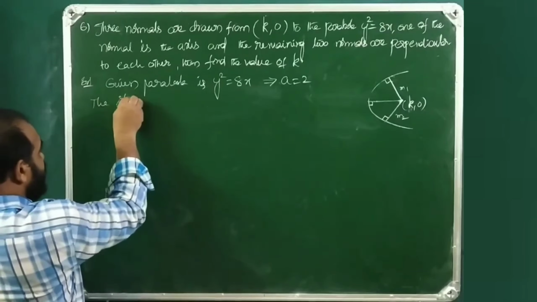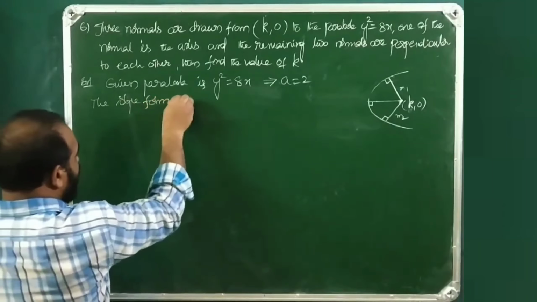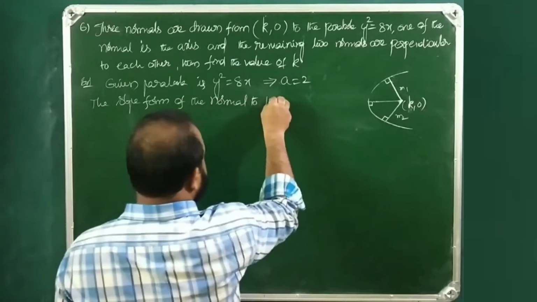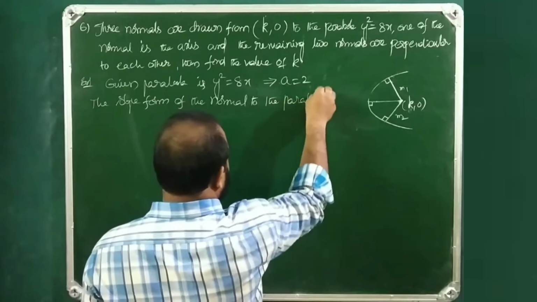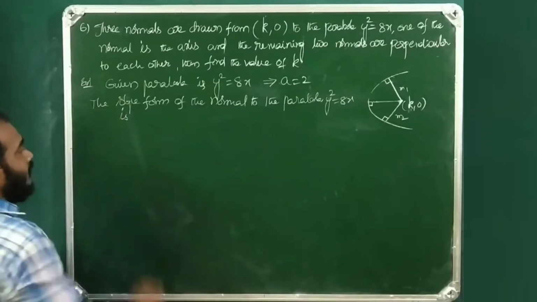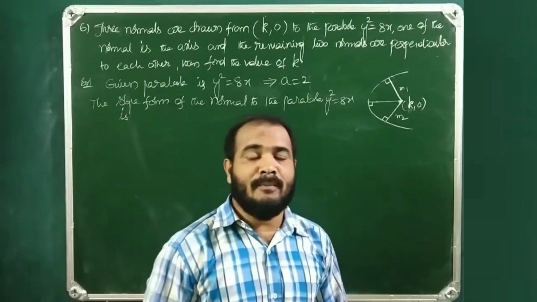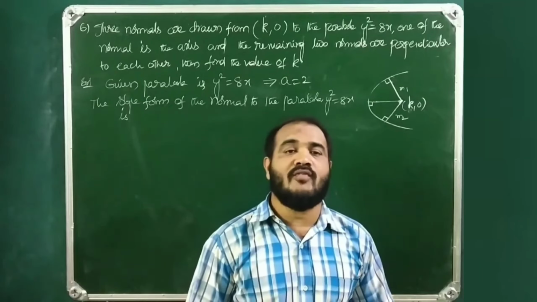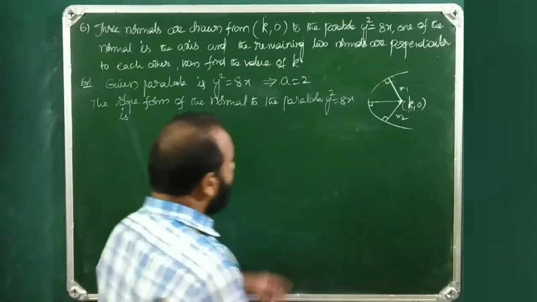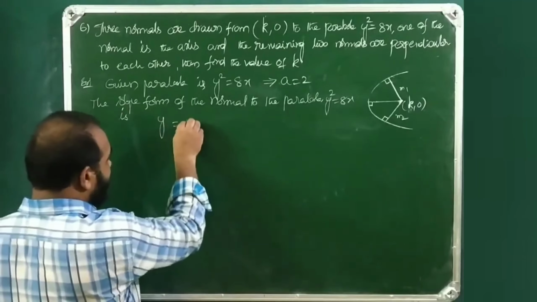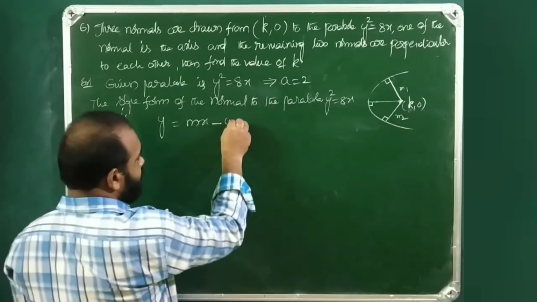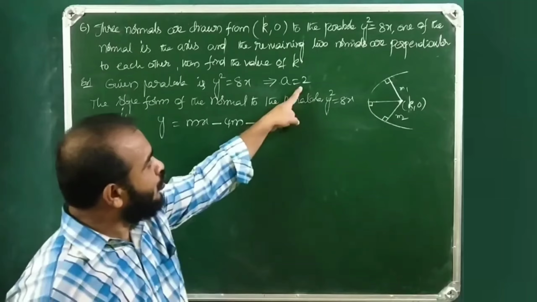The slope form of the normal to the parabola y square equals 4ax is y equals mx minus 2am minus am cube. For this, y equals mx minus 4m minus 2m cube.